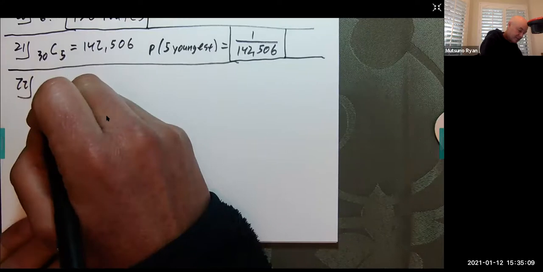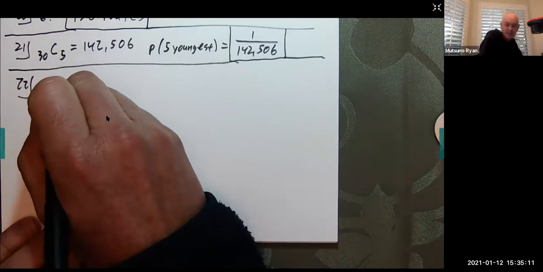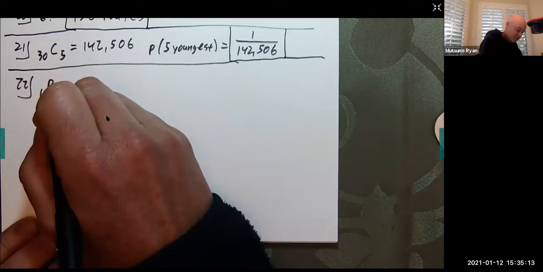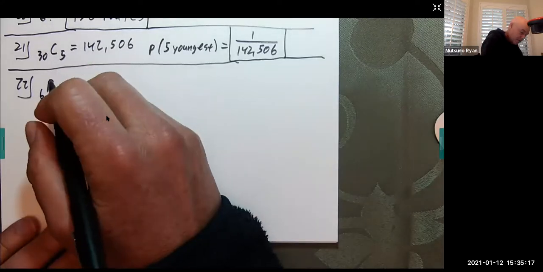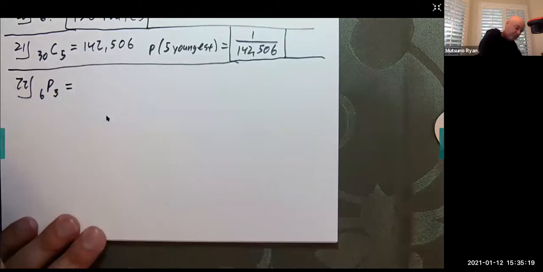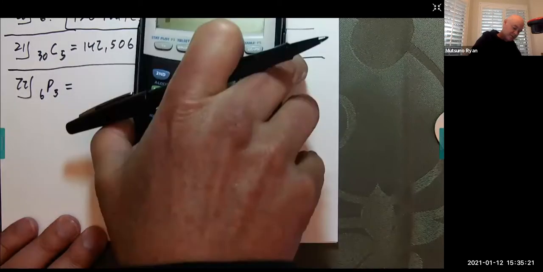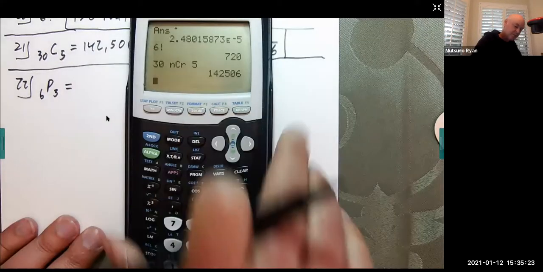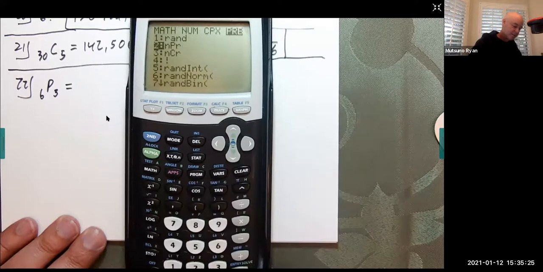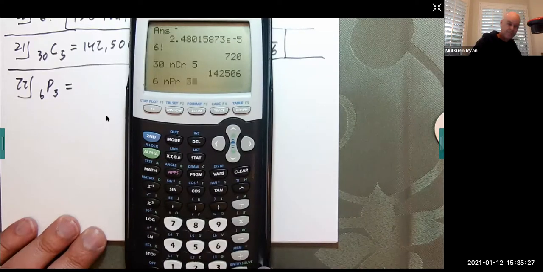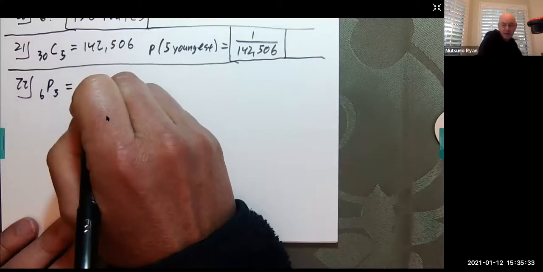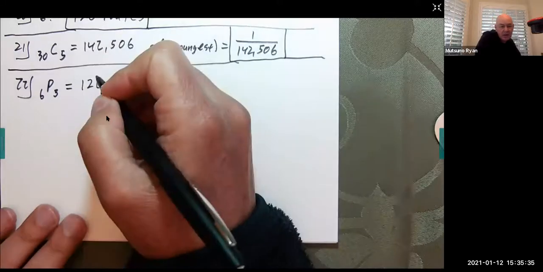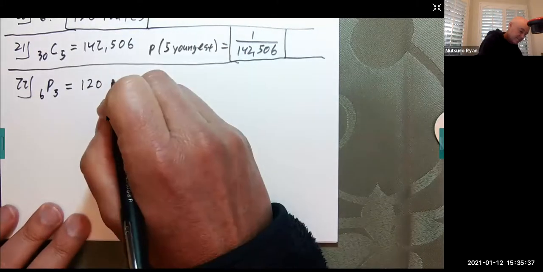So there are 5 permutation, in this case because the order matters, and then there's 3 officers. So 5, math, probability. This is now permutation 3. This is going to give me 60 slates.